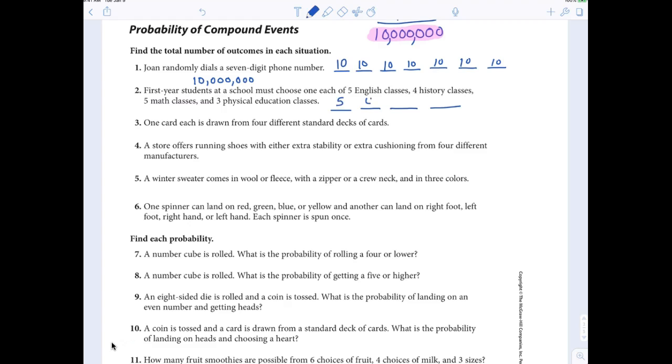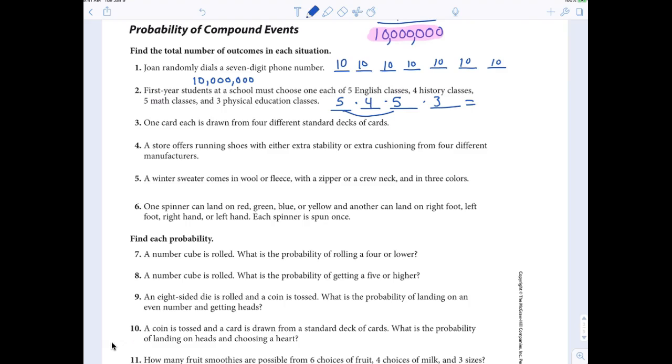That is correct. And what do I do with those numbers? Multiply them together. Look right here, I'm going to show you how to do it. What's 5 times 5? 25 times 4. 100 times 3.